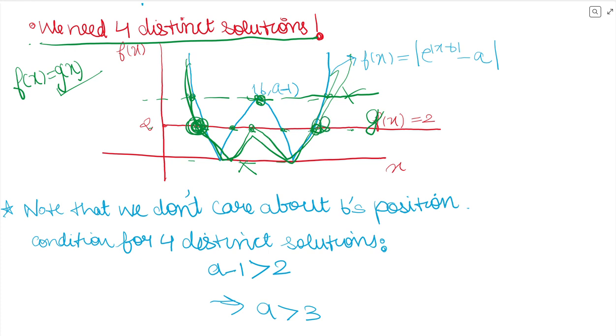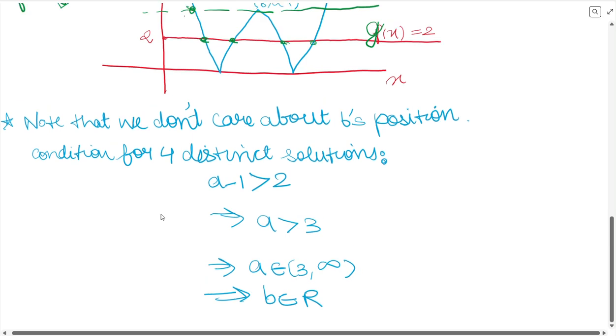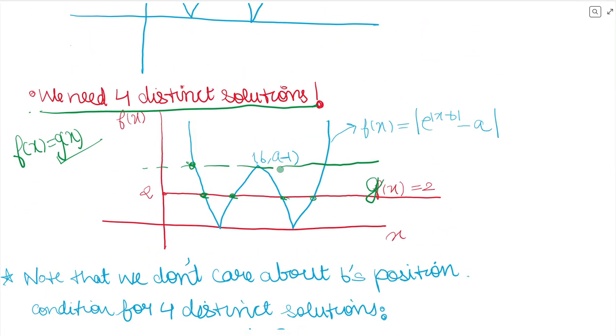But we don't have to do that. We have to ensure that 4 distinct solutions must arise, right? All right. So for 4 distinct solutions, what we must ensure is that this peak is always greater than 2, right? It should not even be equal, because if it is equal, we'll have 3 solutions.